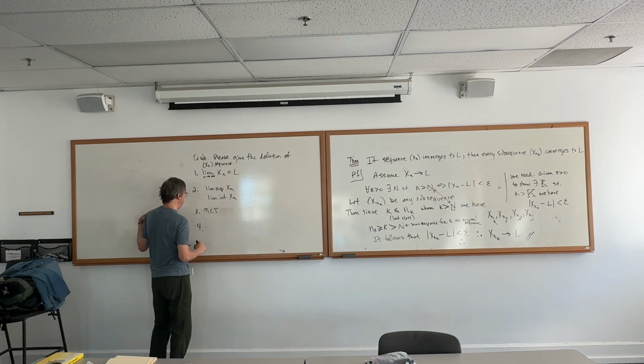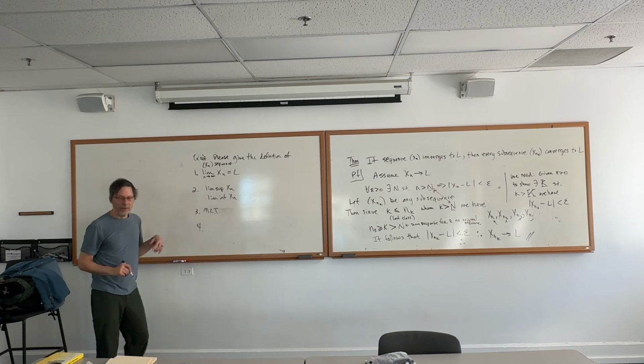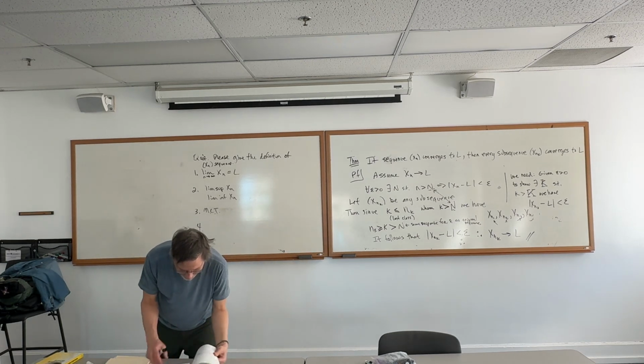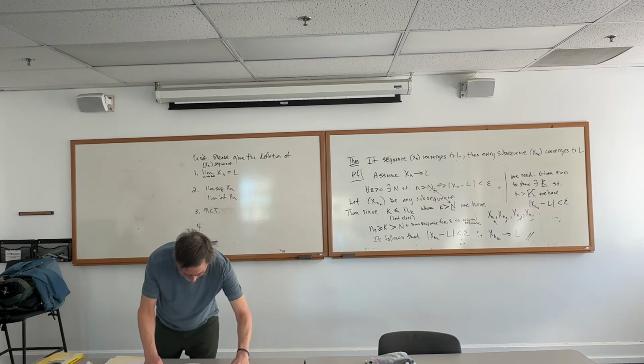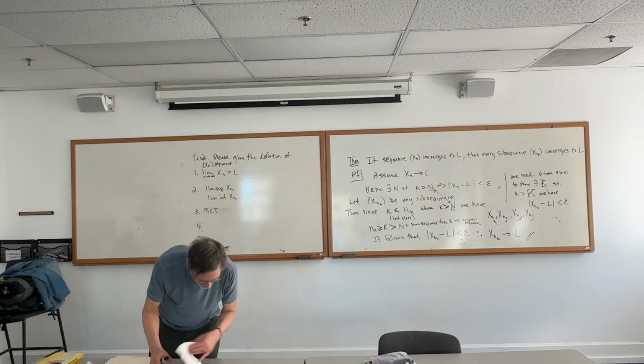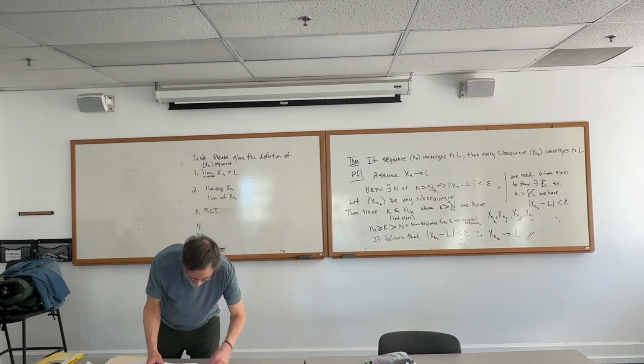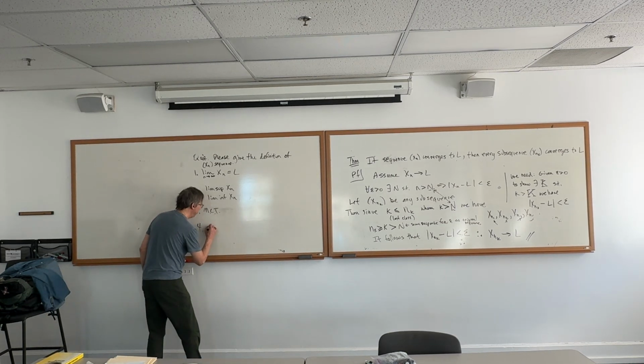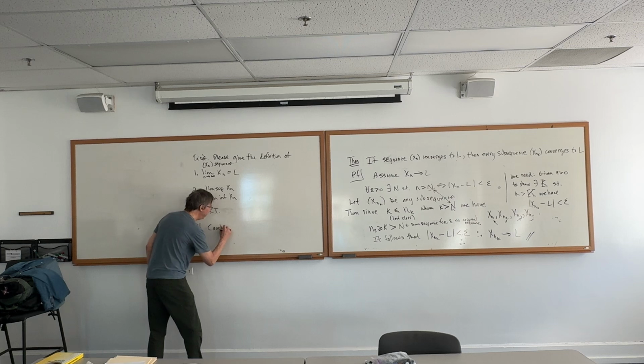Number 4, I've got to remember what was on there. Let's let you start writing. Well, if I can't remember it, then I won't put it up here. I think I made a list. Oh, Cauchy. Cauchy sequence.